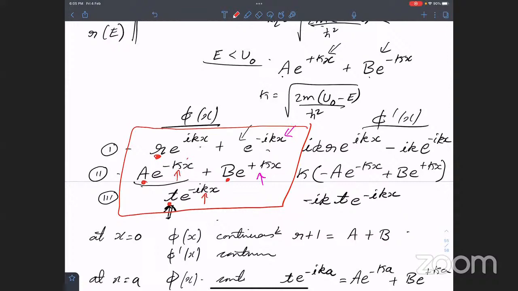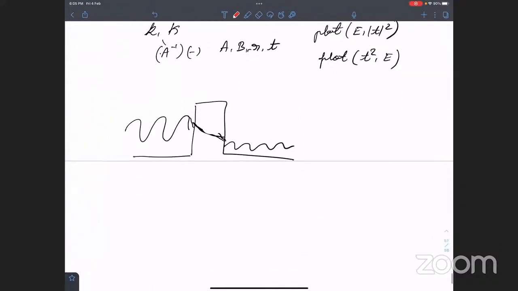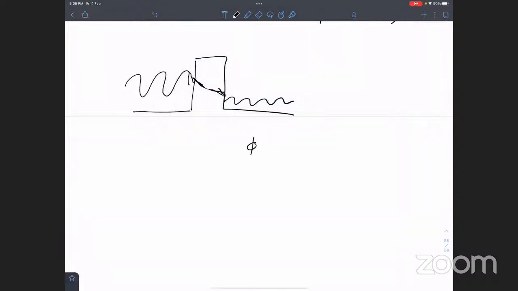So you can substitute into this equation, and if you want to visualize it, I highly recommend it, you can definitely plot the absolute value of phi of x squared versus x. Okay, and you'll then be able to visualize what is the probability and so on. So it'll be a very nice exercise to do this, but this is not in the homework. This is for your own learning if you want to do it.